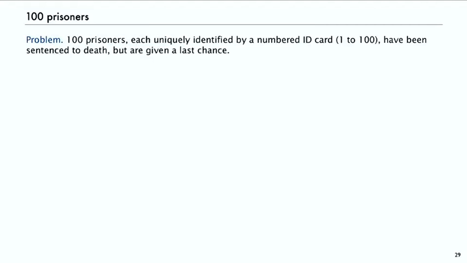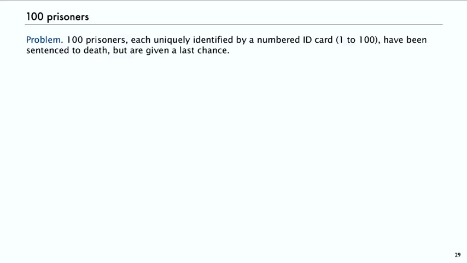As an application, we're going to consider a problem known as the 100 prisoners problem. This actually was a Google interview question for a while. So the idea is it's a story where you have 100 prisoners, each with a unique identity card. The prisoners are numbered from 1 to 100, and they each have a card.